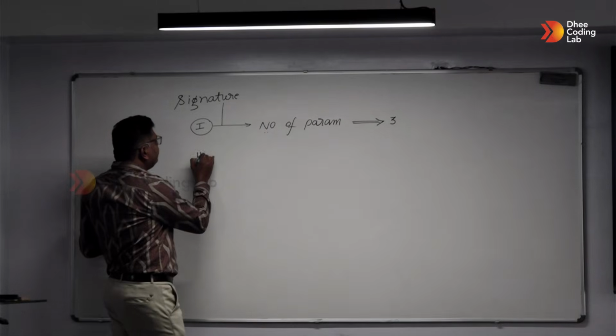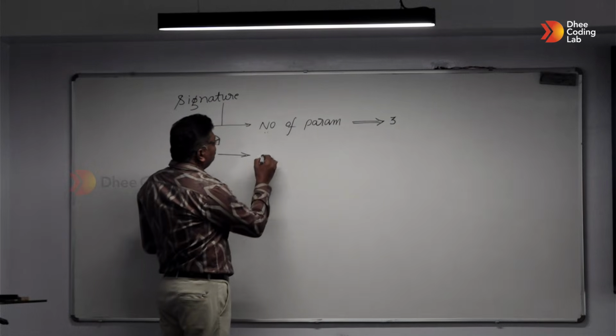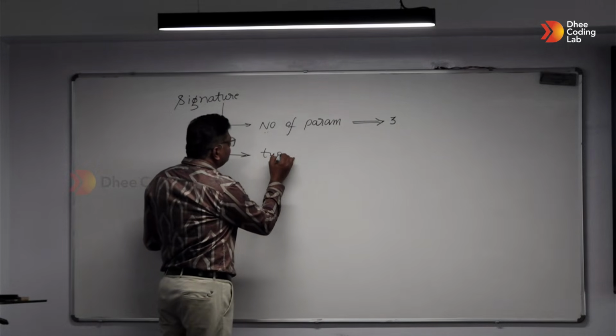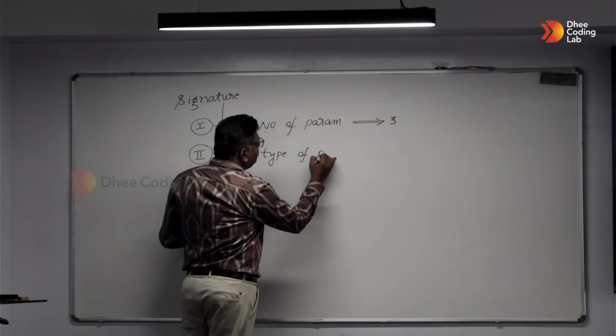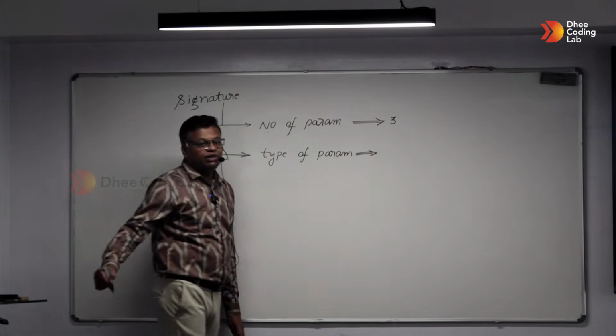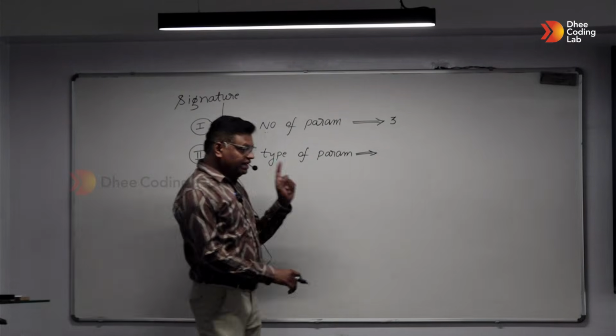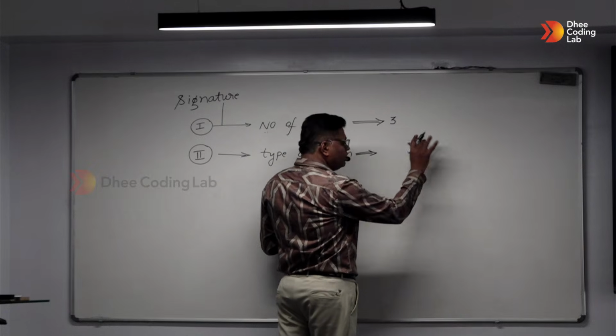Similarly, the second priority is always given to the type of parameters. Now if someone asks you what is the type of the parameter, you can just say one is integer, one is double, and the other one is long.